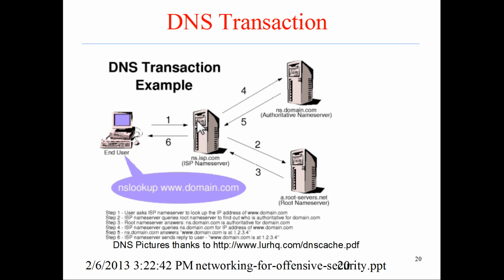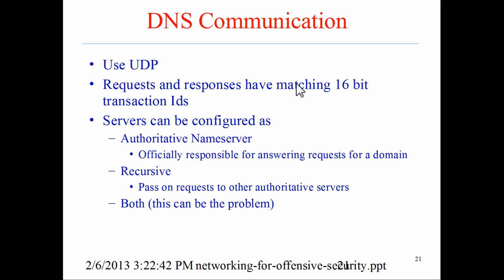So the ISP will reply, hey, go ask this guy, the authoritative name server for your destination. You go do that, and it replies that 1.2.3.4 is the IP address for your given URL.